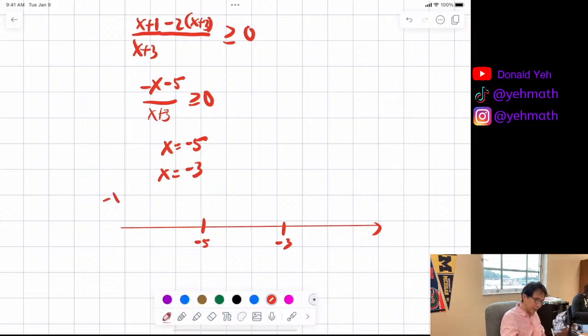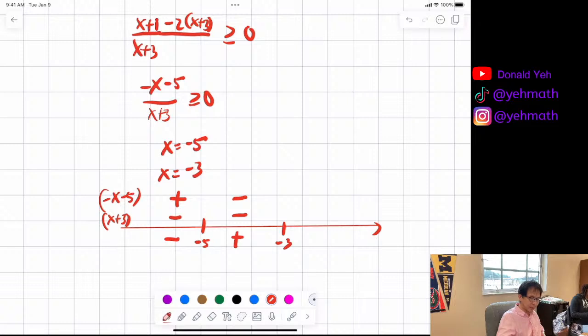I'm going to test the same way. I'm going to test -6. That's going to be positive, actually. Does that make sense? -6 plus 3 is going to be negative, so this is negative. -4 is going to give me negative, so it's positive.